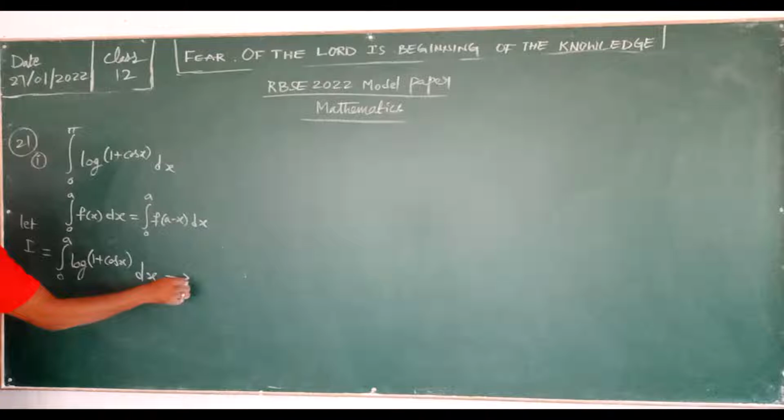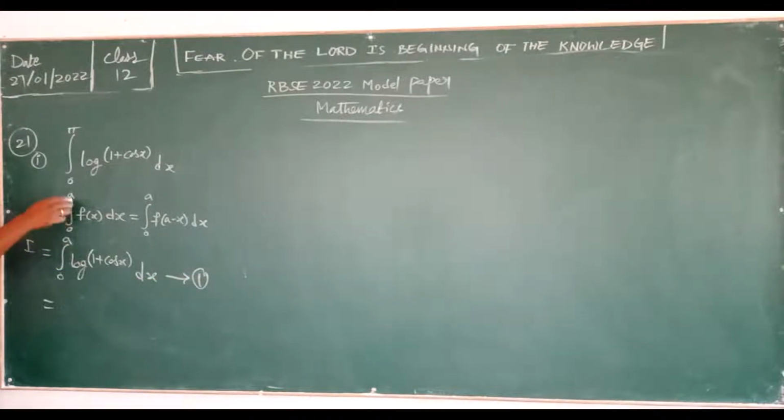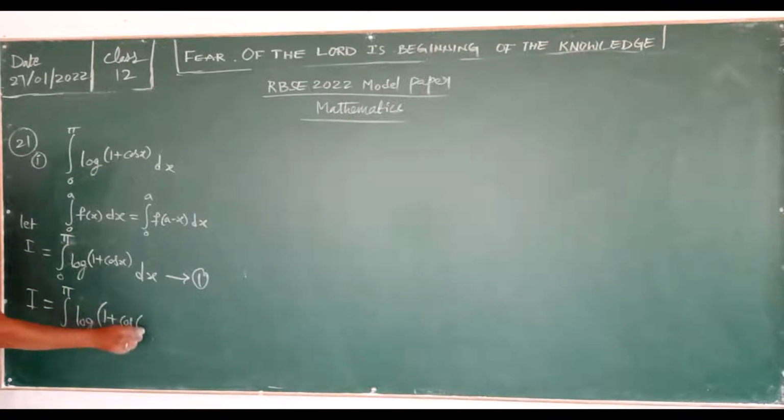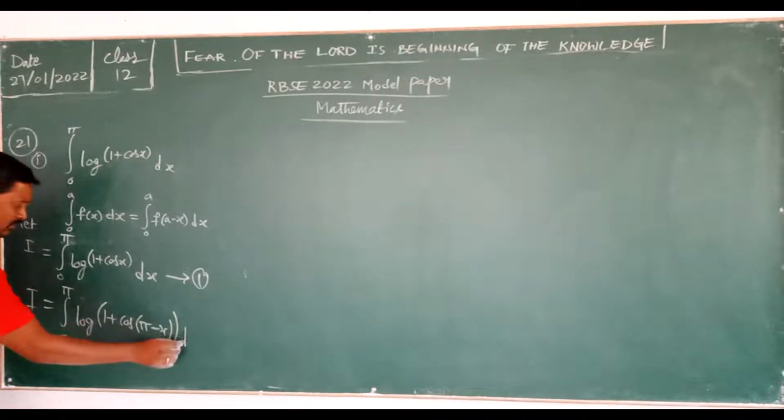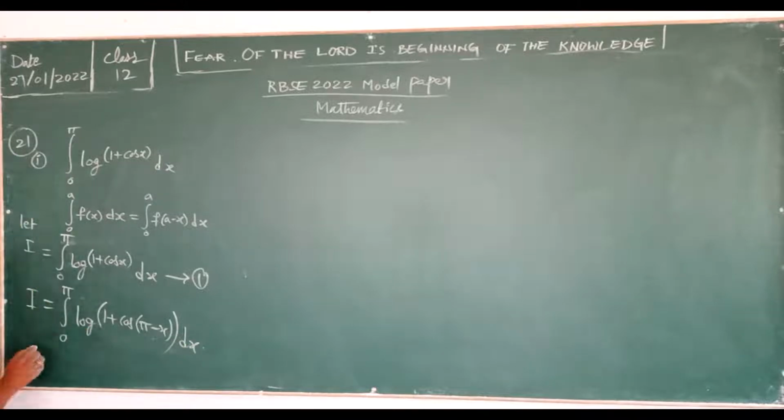You know that whenever the integral from 0 to a of f of x dx is there, we can write the integral from 0 to a of f of a minus x dx. So now I is equal to the integral from 0 to pi of log of 1 plus cos of pi minus x dx.